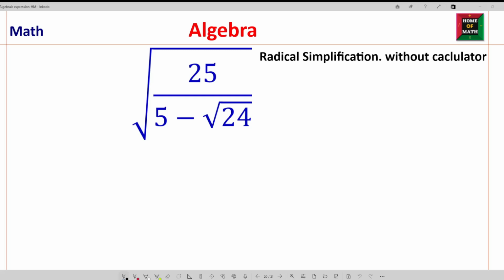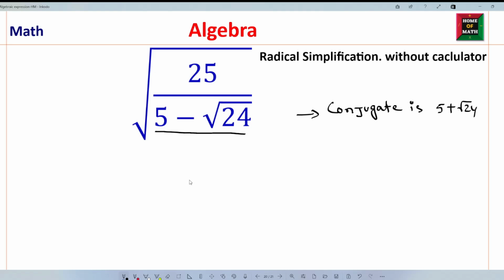Today we simplify a radical without a calculator. Let's start. Here we are seeing the square root of 25 divided by 5 minus root 24. In the denominator we have 5 minus root 24, so the conjugate of this expression is 5 plus root 24.